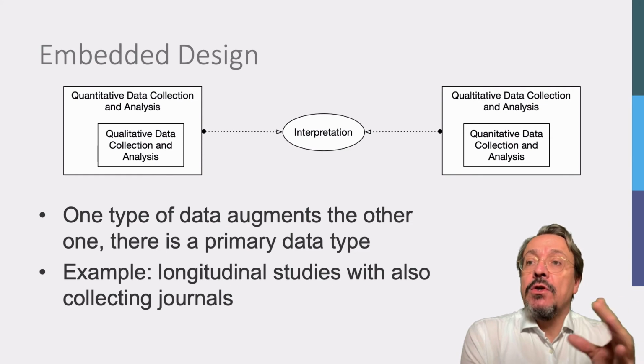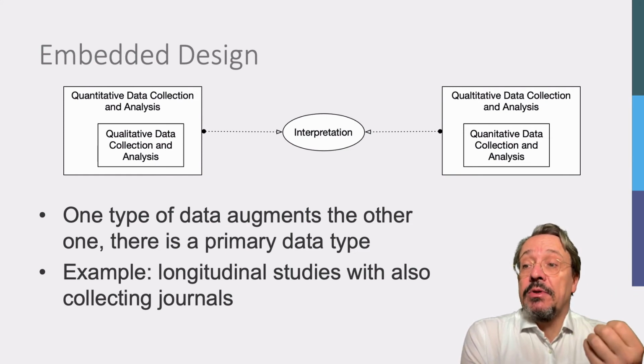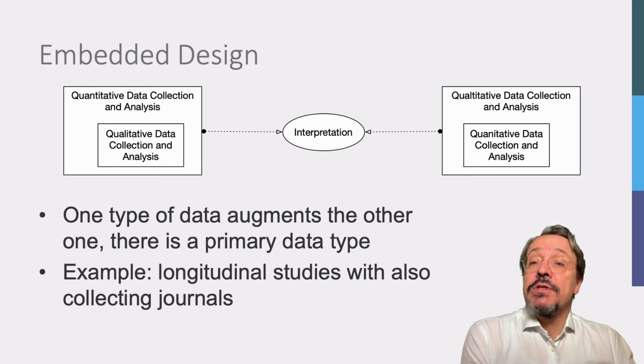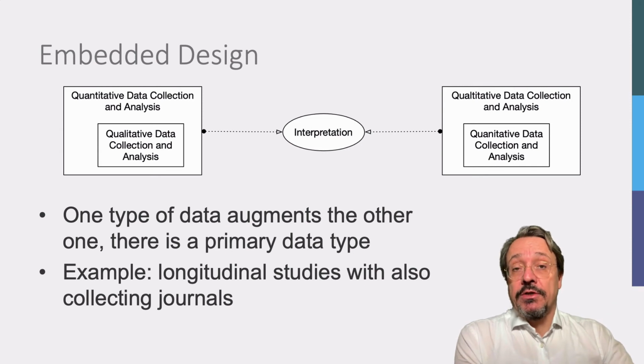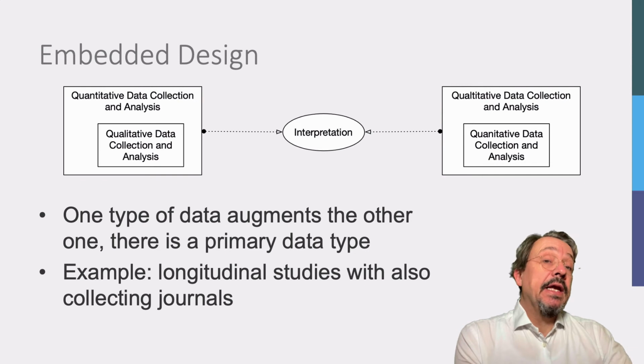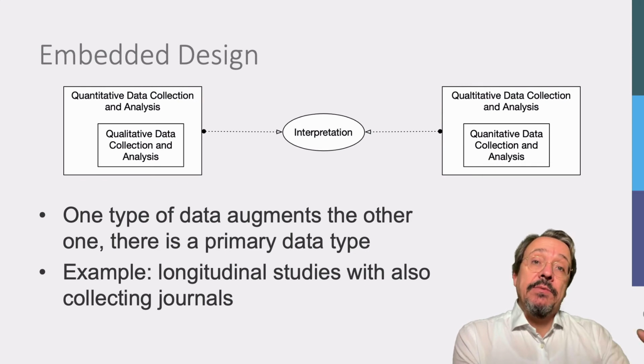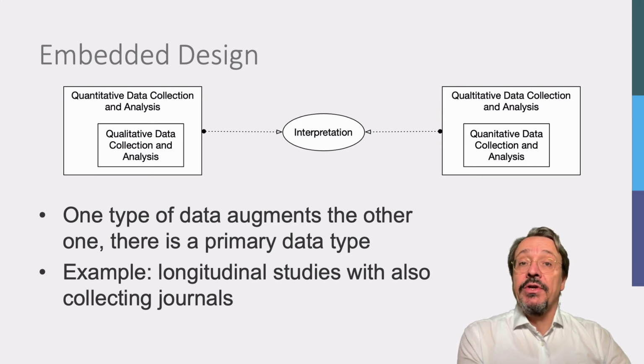A third one, or fourth one, of course, you can embed either qualitative or quantitative data in the collection. A simple example is where you do longitudinal studies, and while you send out questionnaires to your participants, you can of course also ask them to collect daily journals and collect some qualitative data you can later on integrate.